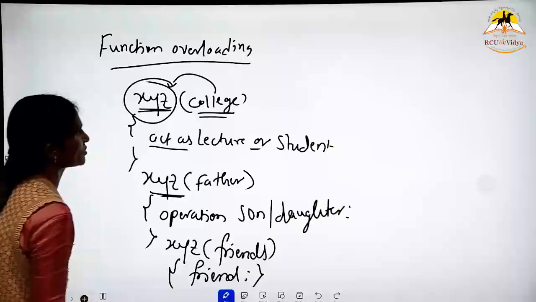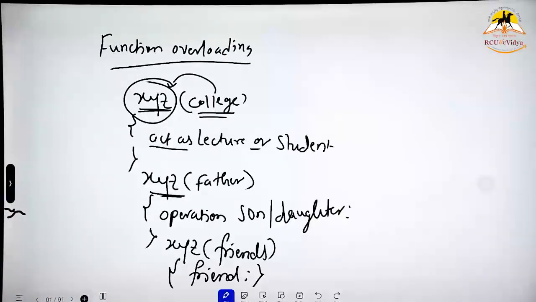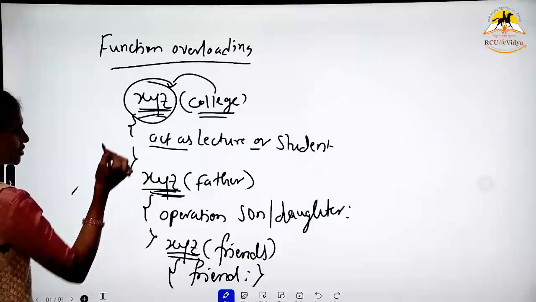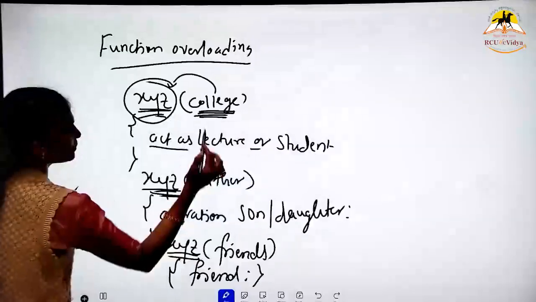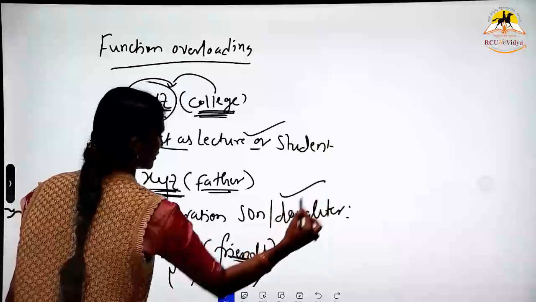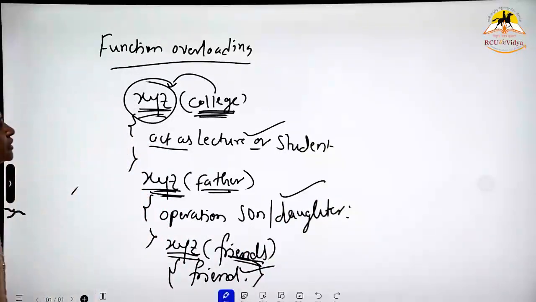So this is the concept of overloading. The function is the same, but the type of arguments are different. Depending upon the type of argument, the operation is different. That's called function overloading.